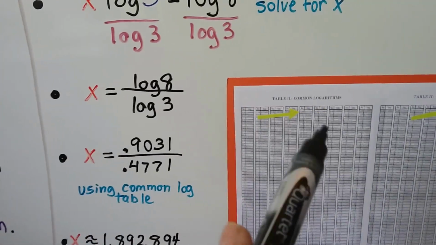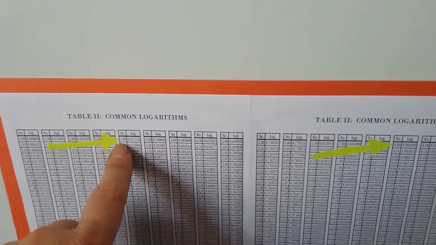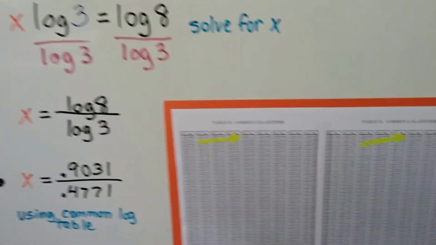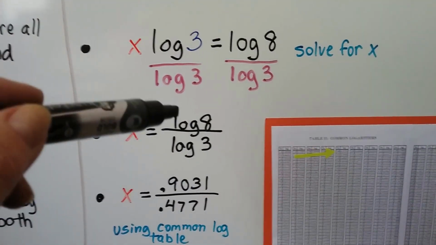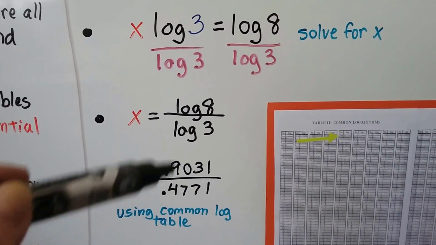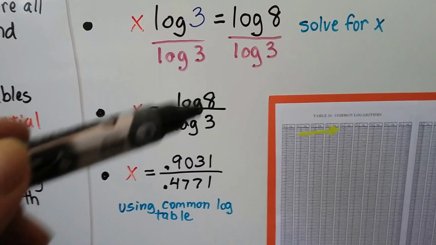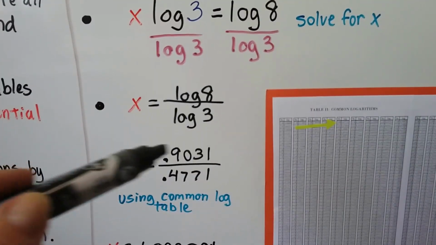We can either use a common logarithm table to look up log 8 and log 3, or we can just use our calculators: you hit the log key and an 8, and then you hit the log key and a 3 to get each of these. All right, you hit log 8, it'll give you this. You round it to the 4 important place values.